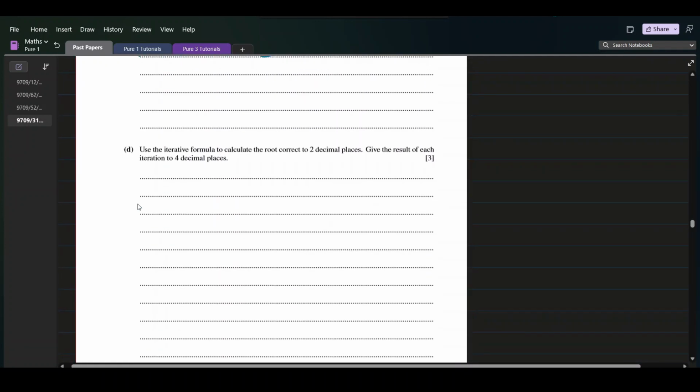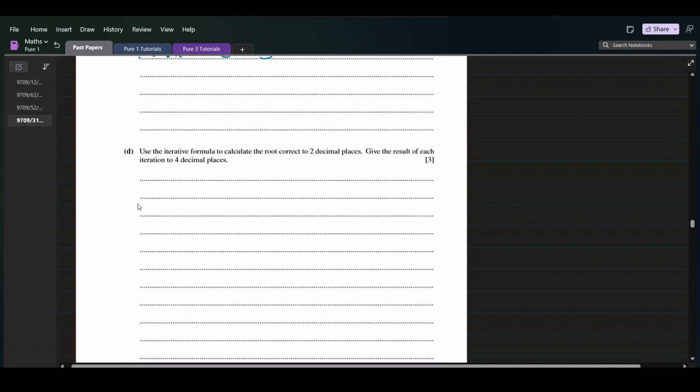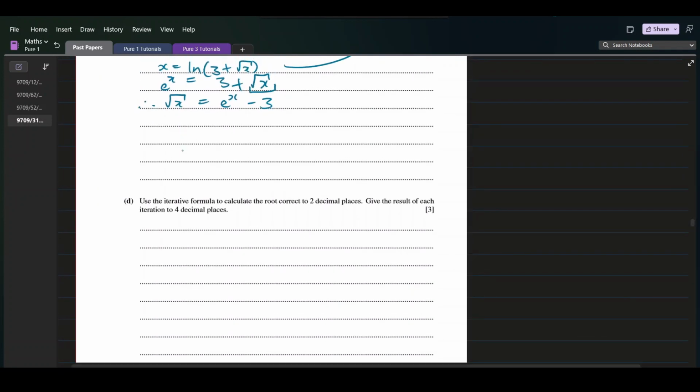And now part D. Use the iterative formula to calculate the root, correct to 2 decimal places, give the result of each iteration to 4 decimal places. So our iterative formula is x n plus 1 is equal to ln of 3 plus root x n. Okay, and we're going to start with x0 is equal to 1.